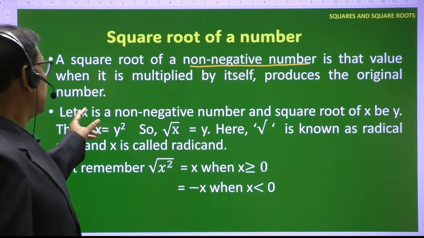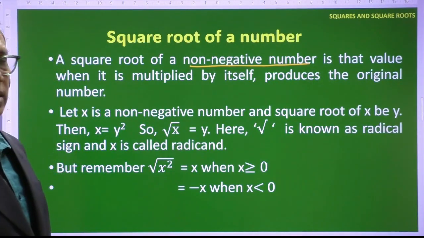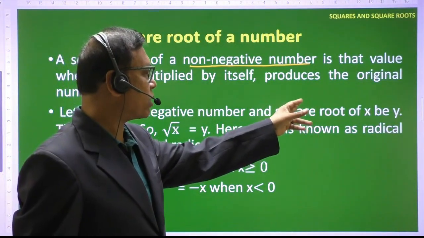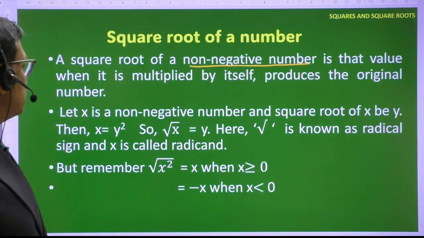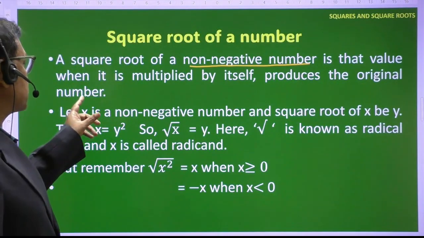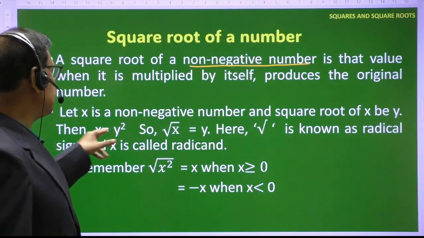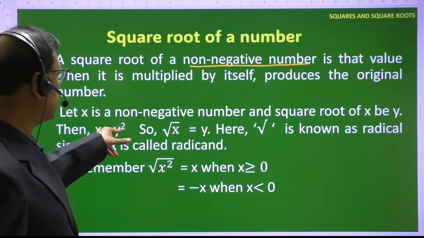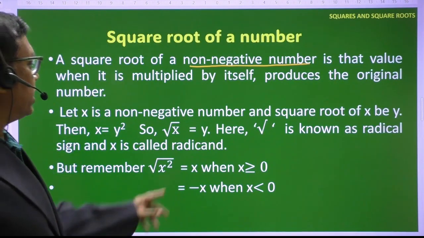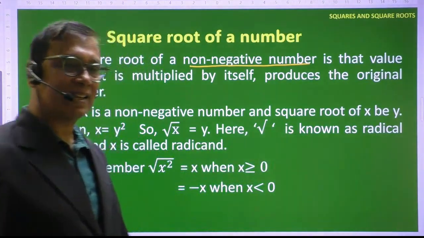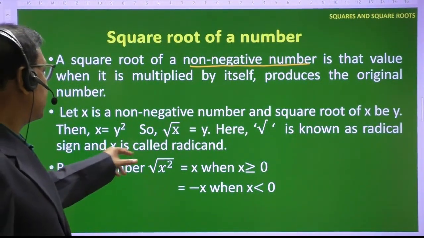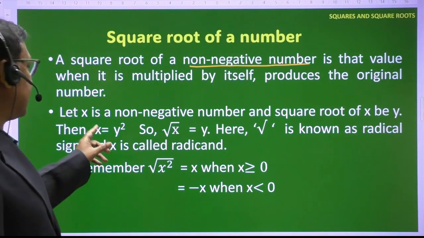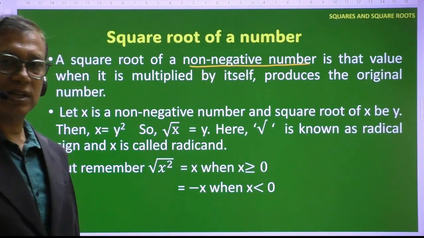That means if x is a non-negative number and the square root of x is y, then x equals y into y, that is y square. This symbol is known as the radical sign, and the x, whose square root we are finding, is called the radicand.